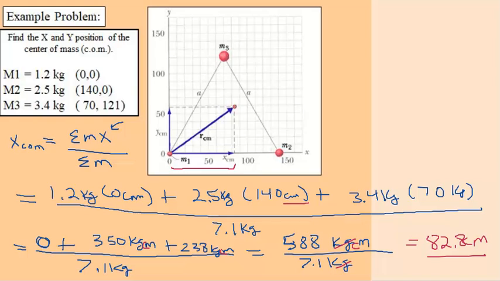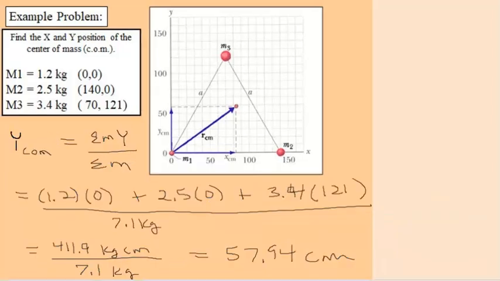All right, and then you're going to do the same thing for the y coordinate. We're going to take the point 0 and weight it by 1.2. We take another 0, weight it by 2.5. That's going to shift the center of mass down.